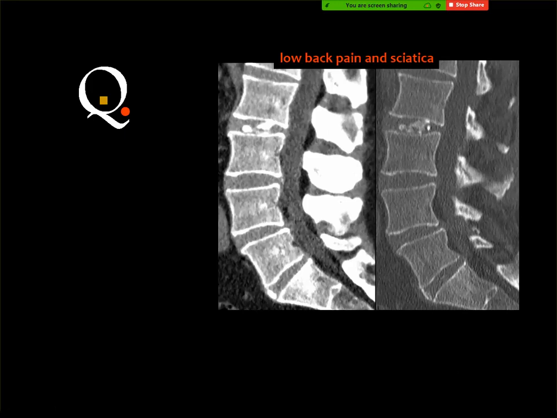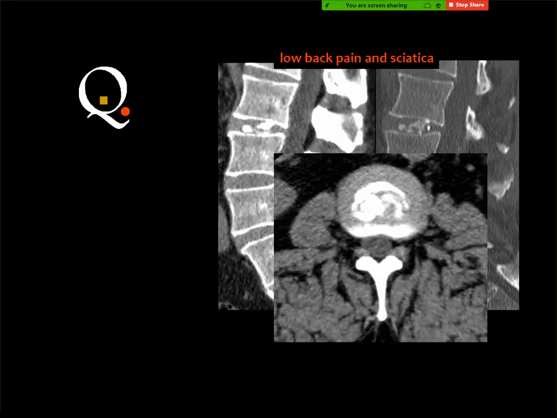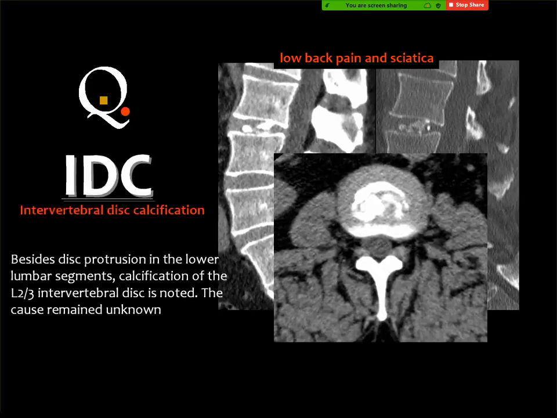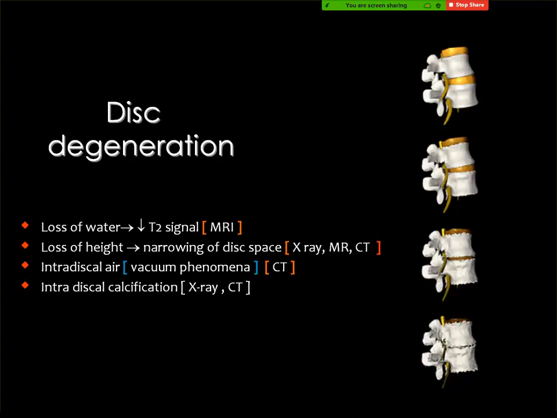This calcification. Yes, and this is disc calcification, and here you can see the differential diagnosis of calcified disc. You remember that I mentioned in the degenerative diseases of the spine that the disc degenerates by starting with loss of water, then loss of height, then vacuum phenomena, then the disc will develop calcification later on.